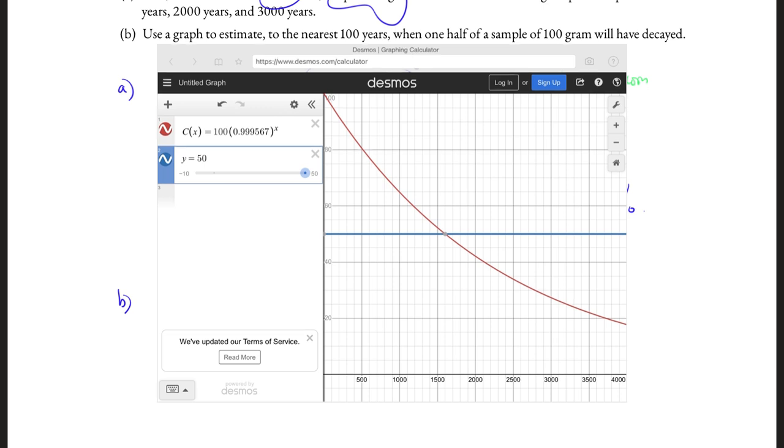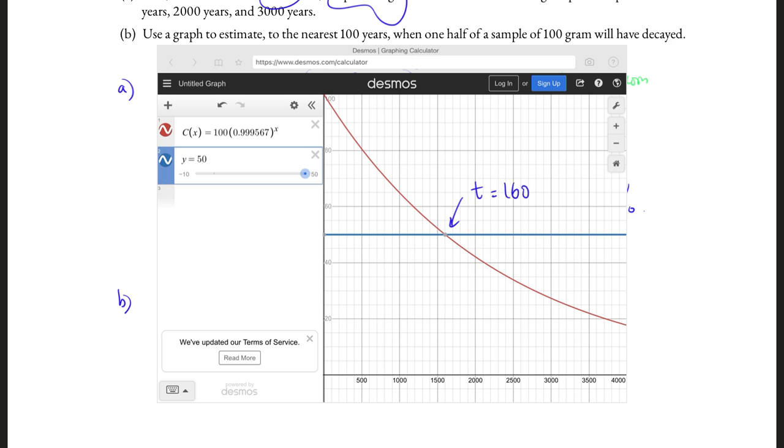If we move the cursor to the intersection, we will see that this intersection is when T is approximately 1600.455. When we round it to the nearest whole number, it is 1600, and this is after 1600 years.